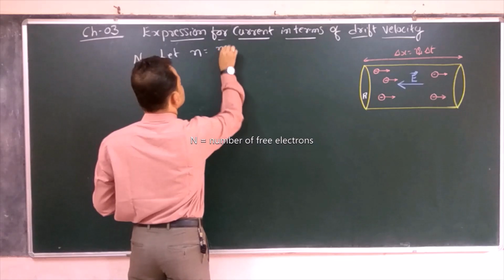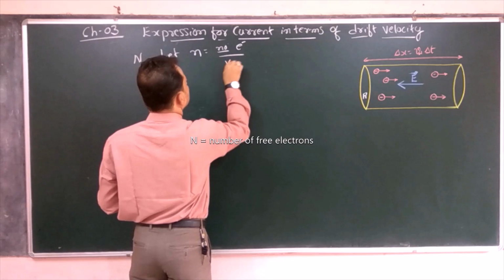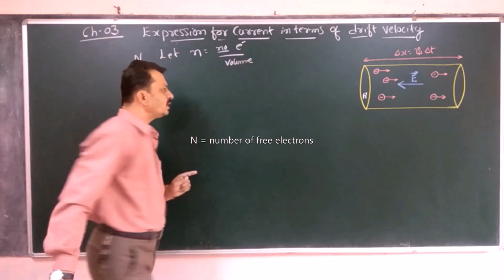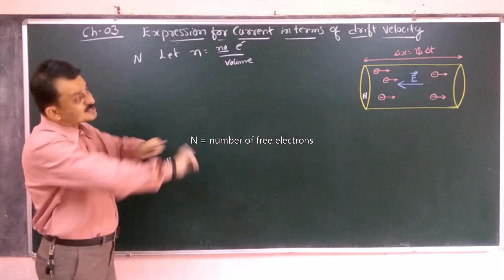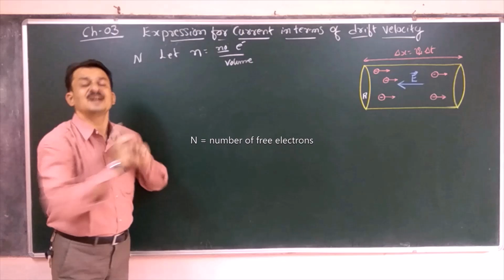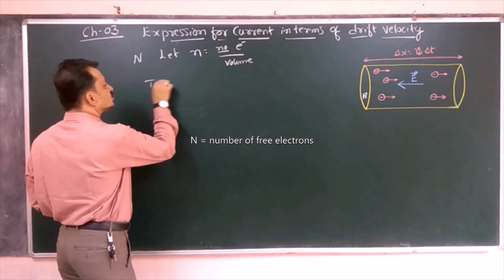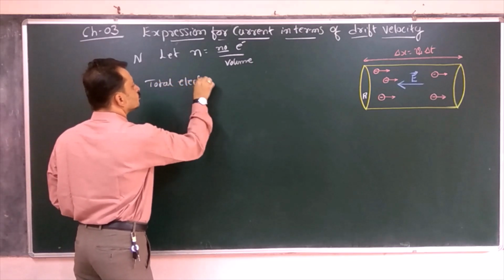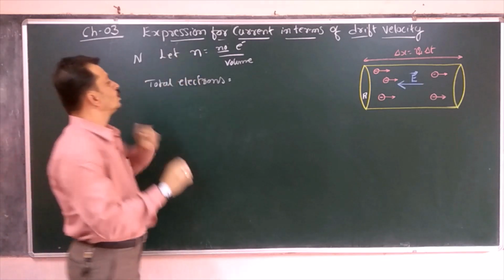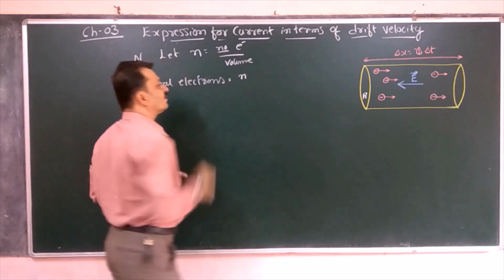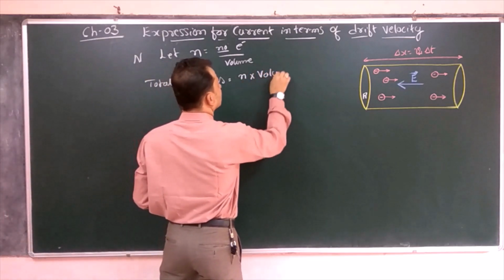If the number of electrons per unit volume is small n, then what is the total number of electrons in the entire conductor? Total electrons is the number of electrons per unit volume multiplied by the volume of the given conductor.